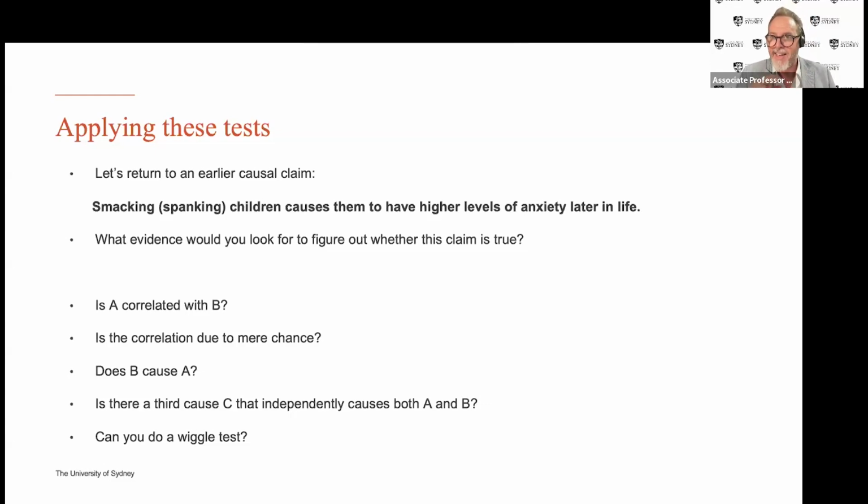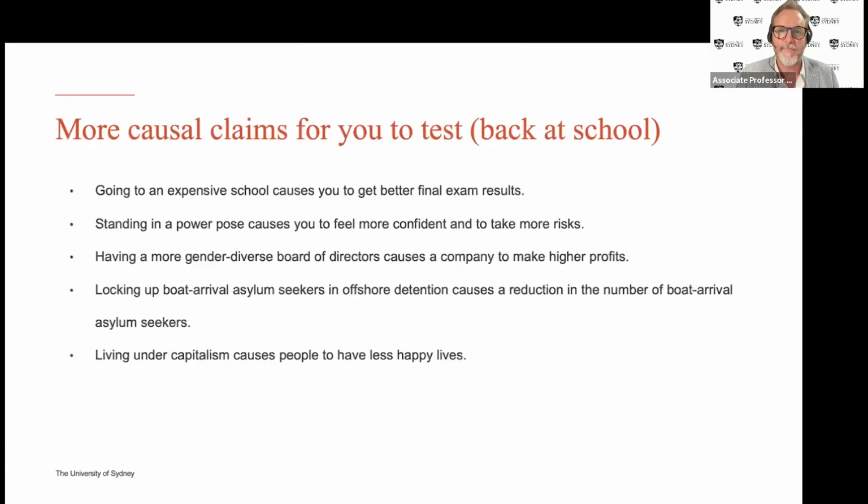So these are the kinds of evidence that philosophers and scientists would look for to try and test these claims. And this is very different to just coming up with a story that vindicates your prior assumptions.